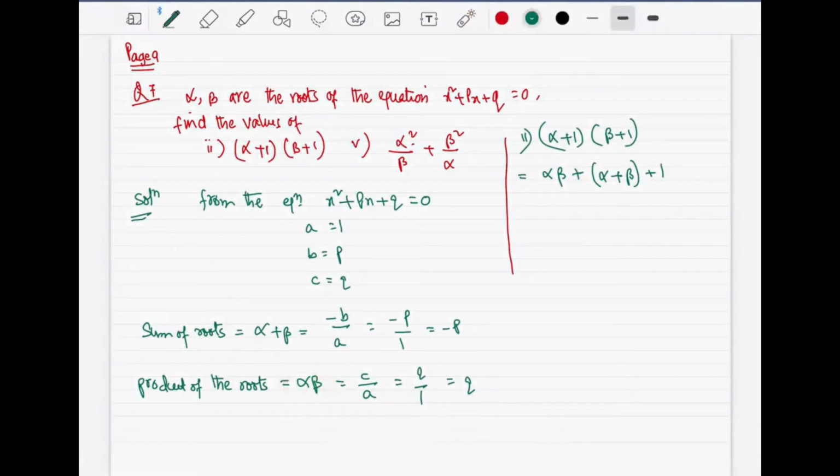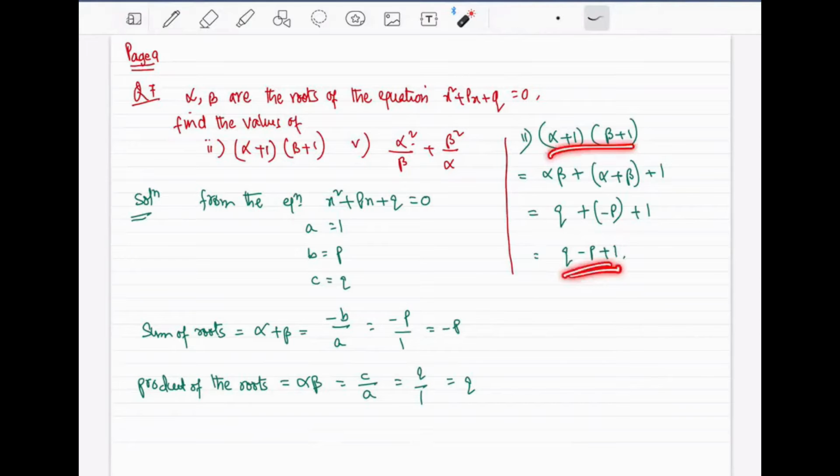Here it is, so we replace it by q, plus, what about alpha plus beta? Alpha plus beta is this value right here. Since there is a minus sign, we put it inside a bracket, plus 1. Now open the bracket: plus minus is minus, so q minus p plus 1. This is the value for alpha plus 1 whole bracket, beta plus 1 whole bracket.